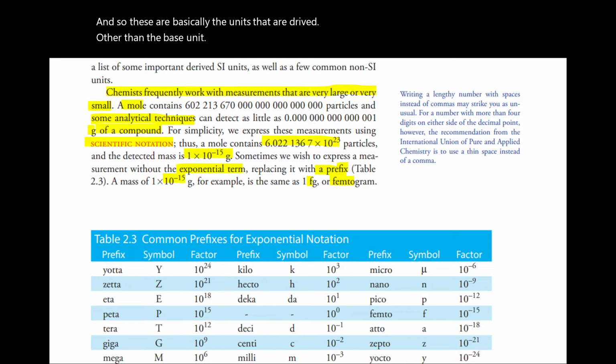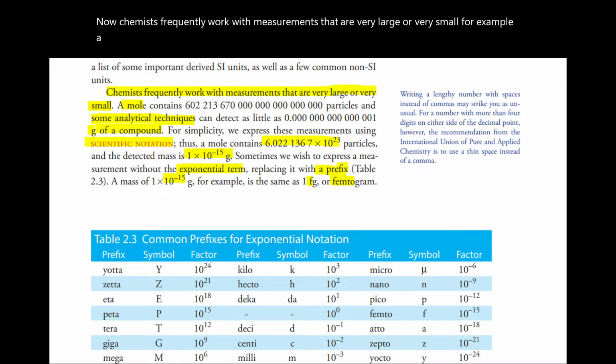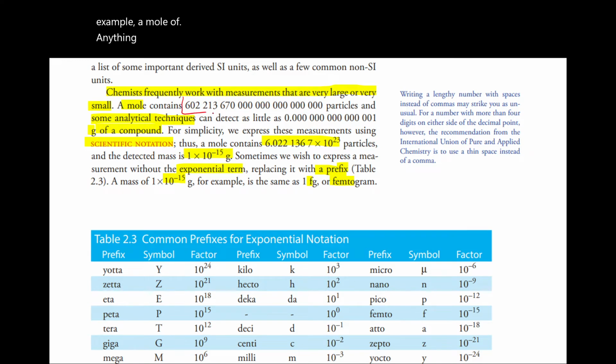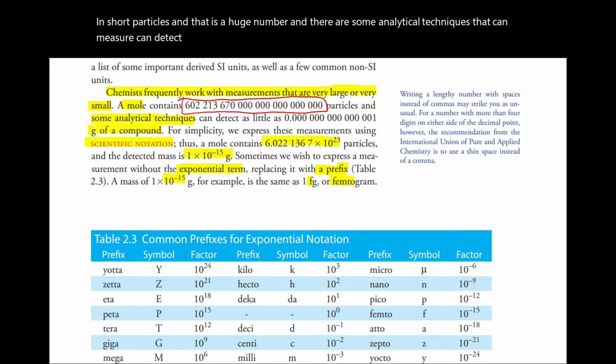Now, chemists frequently work with measurements that are very large or very small. For example, a mole of anything consists of this many particles, this many ions or molecules, in short particles, and that is a huge number. And there are some analytical techniques that can detect very little substance.